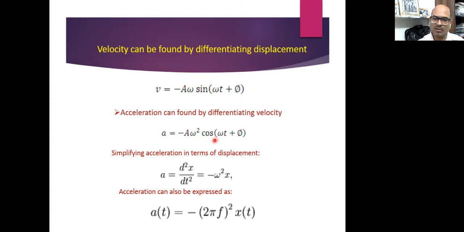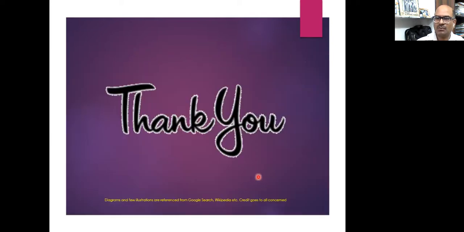Here, A cos(omega t plus phi) is the value of x, so we can write a is equal to minus omega square x. We can put acceleration in this form, a(t) is equal to minus 4 pi square f square x(t), because omega is 2 pi f. So we can easily find it.